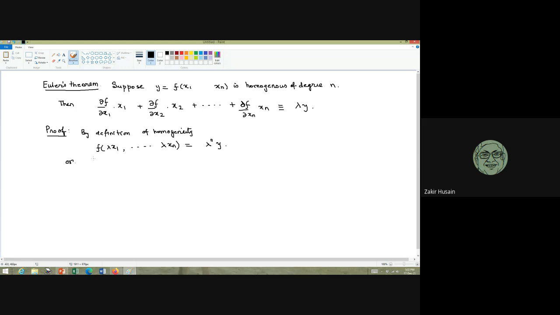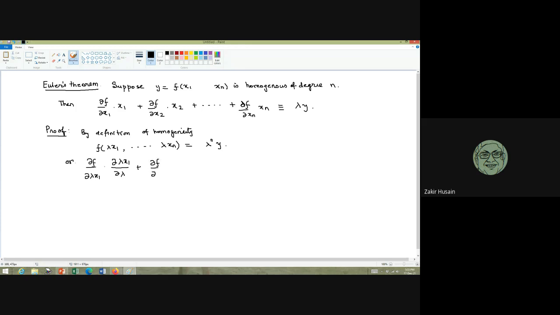Okay, so if we differentiate this with respect to lambda, we are going to get this is just the first term, right? When lambda changes, how much does lambda x1 change? This will lead to a change in f.